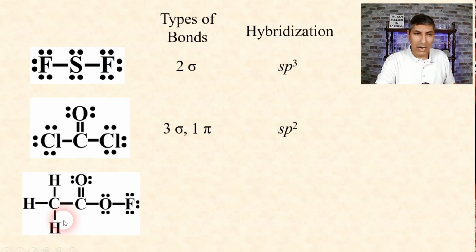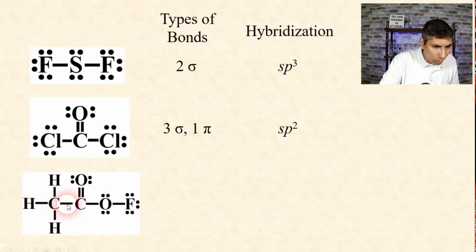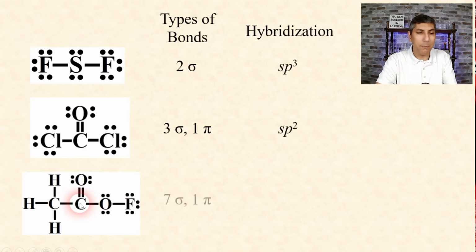So when you add up the types of bonds here, we have, looks like 1, 2, 3, 4, 5, 6, 7 sigma bonds, and I see 1 pi bond because there is a double bond over there. And the hybridization, each central atom has its own hybridization. So carbon number 1 has 4 electron regions or electron domains. So that's sp3.